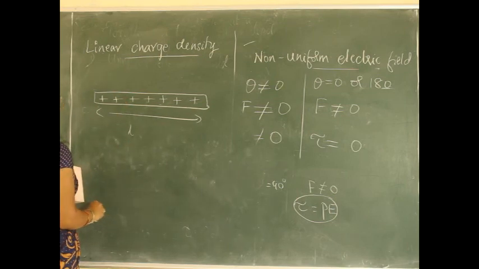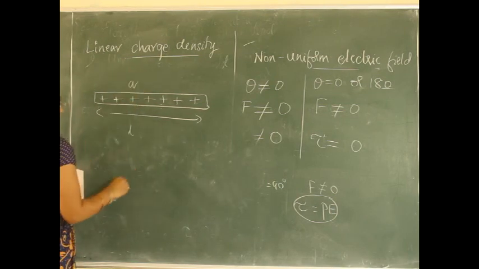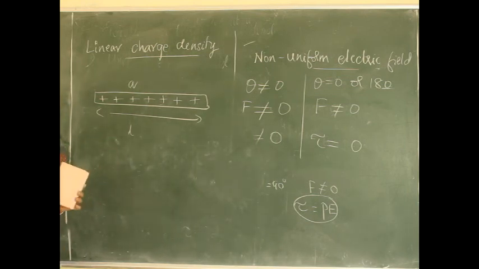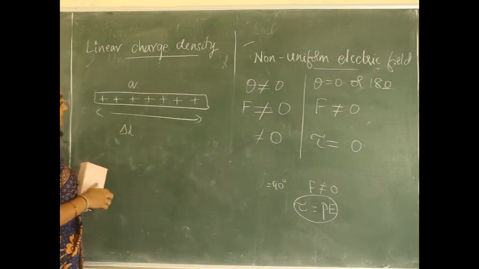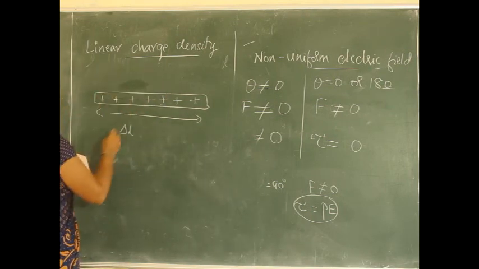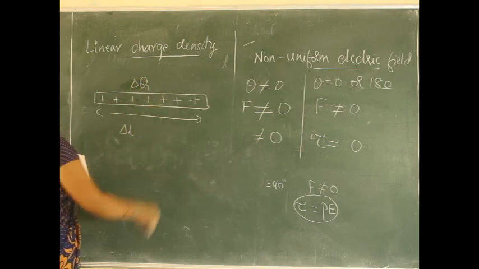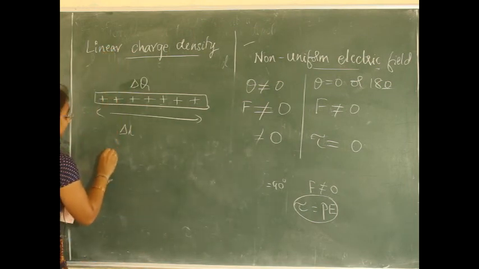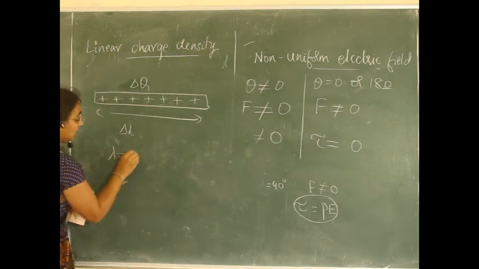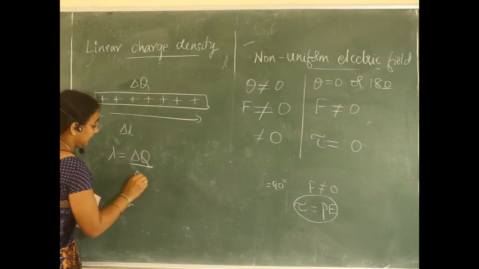Suppose this has Q charge. Which letter did you use earlier, before the lockdown, when we did this, capital Q or small q? I think you used capital Q, and this length you might have taken as delta L. So if delta Q is the charge present in the length delta L, then linear charge density is nothing but charge per unit length.